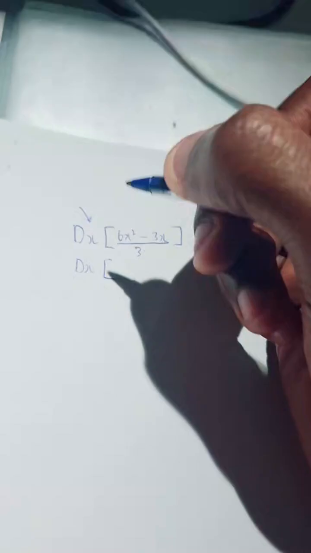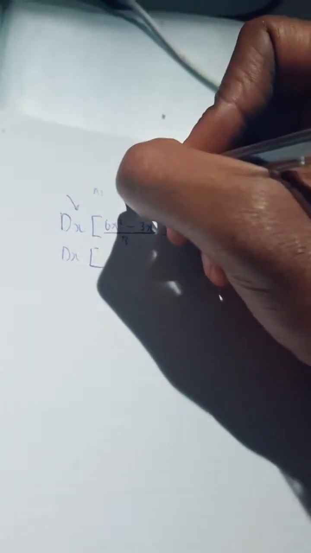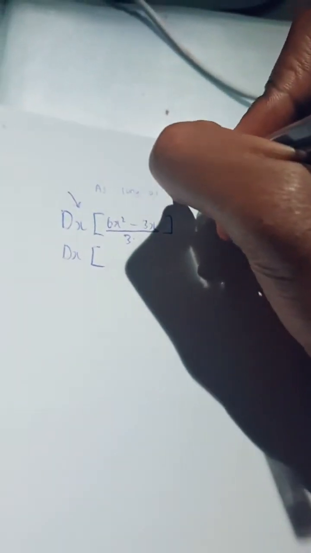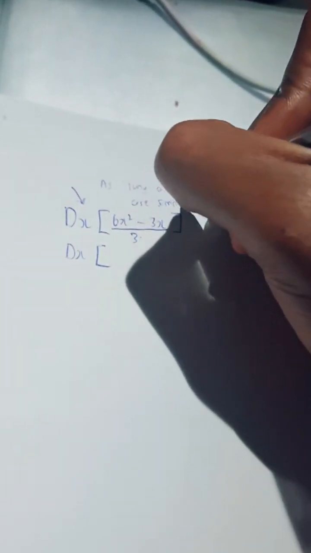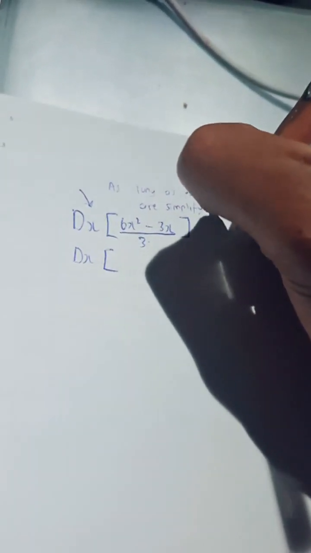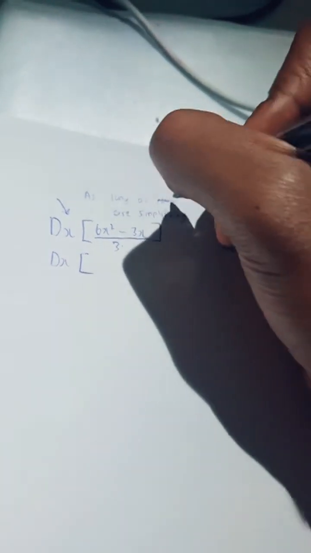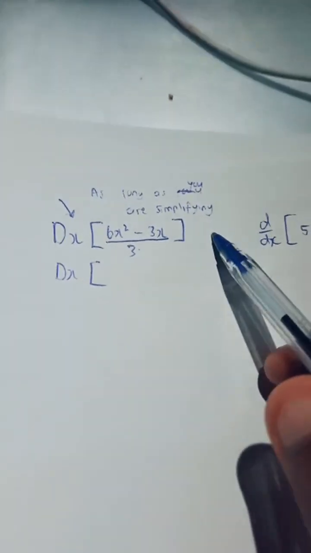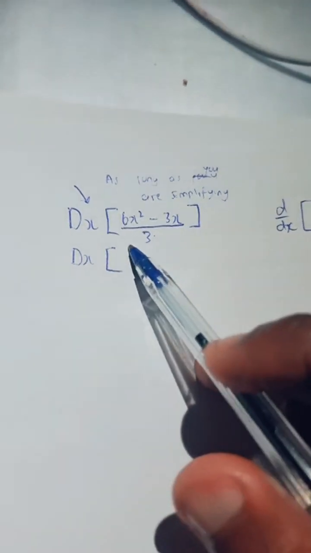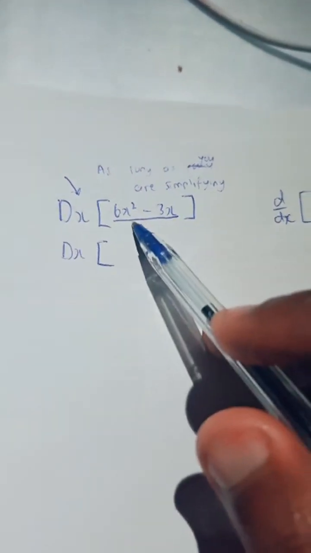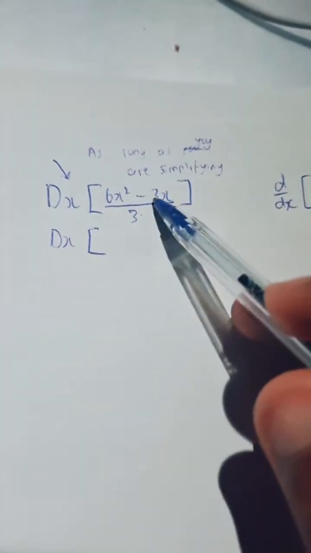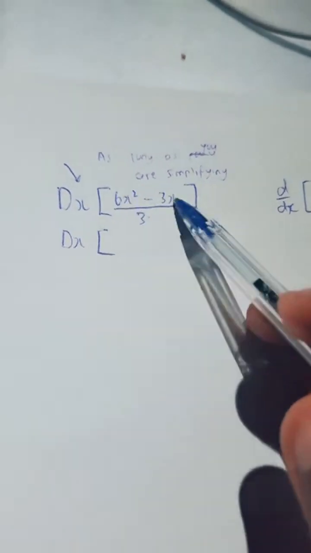So what you do is that as long as you are simplifying and have not yet derived, then you must keep dx. So here, for instance, we need to simplify this first, because we don't have separate terms.